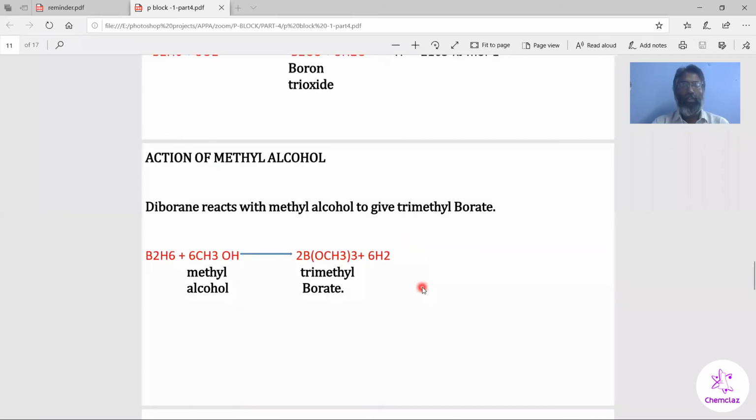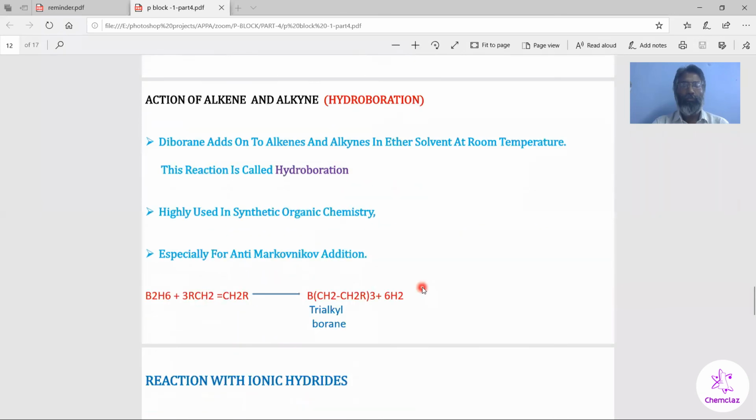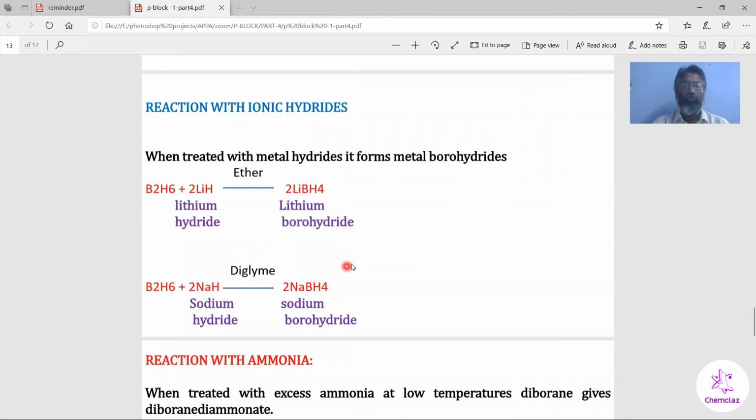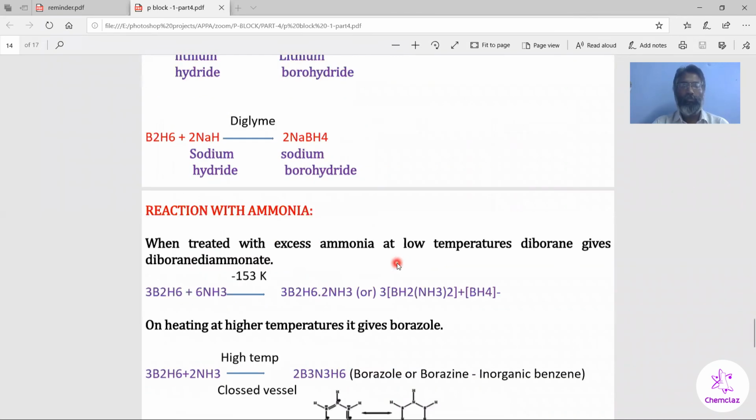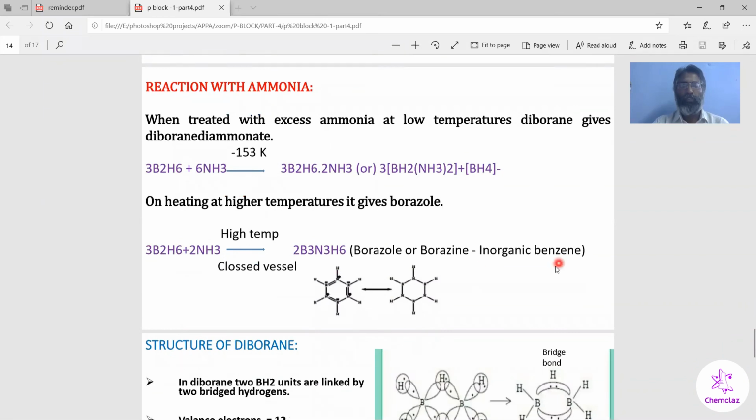Action of methyl alcohol. Hydroboration, a very important organic reaction, to prepare the anti-Markovnikov product. Preparation of borohydride, a good reducing agent. Preparation of borazine at high temperature.